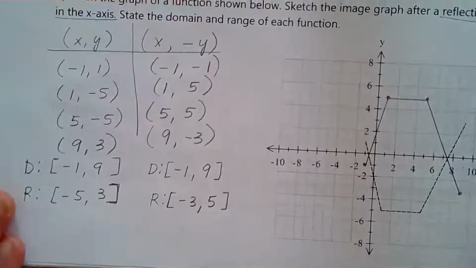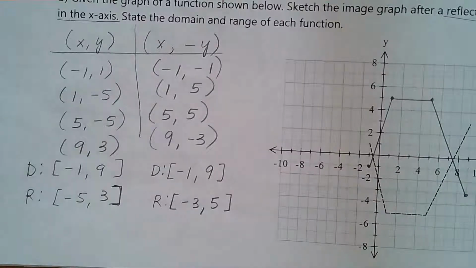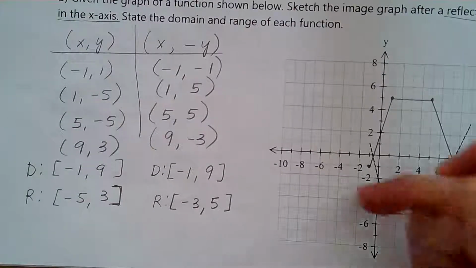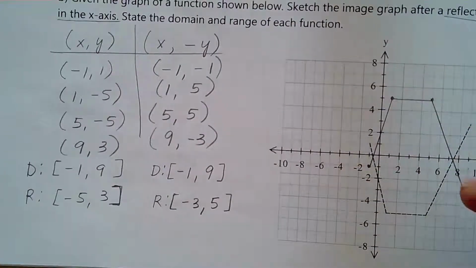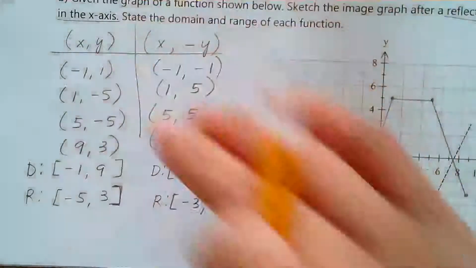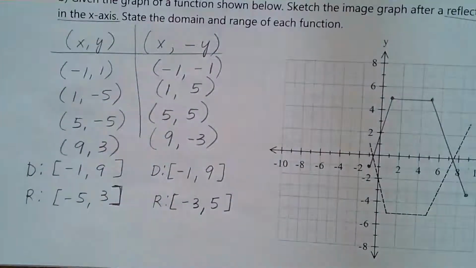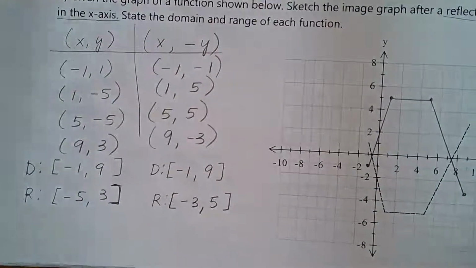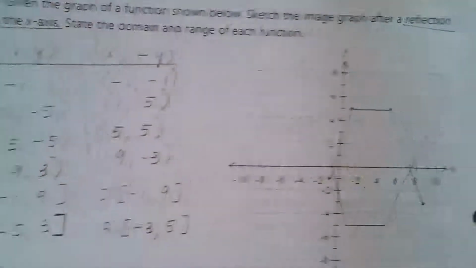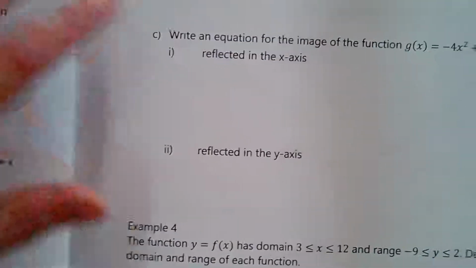Now we take a look at this. Did the shape change? No? The shape of the original graph is congruent. It's exactly the same. We did not compress it. The only thing we did was reflect it. Any questions there? So far, so good.